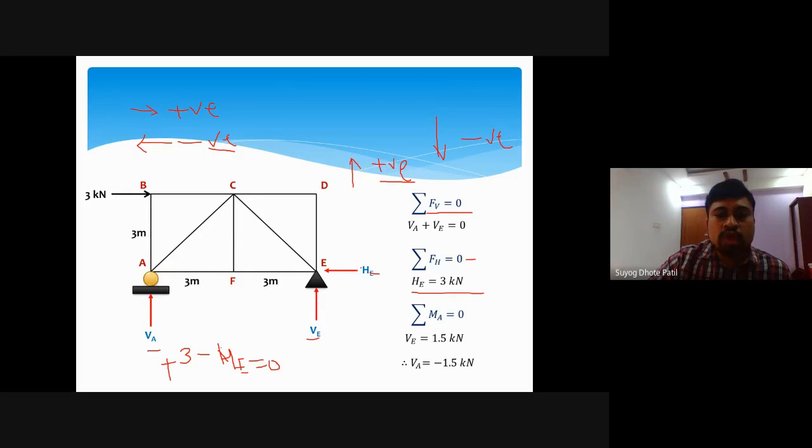Okay, so one of the three reactions, He, is determined. He is equal to positive 3 kilonewton.